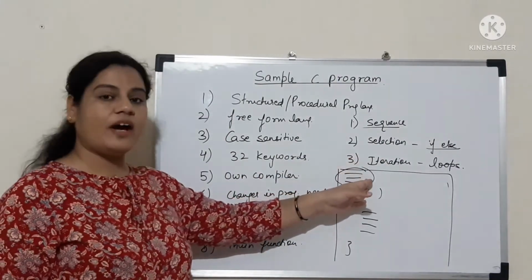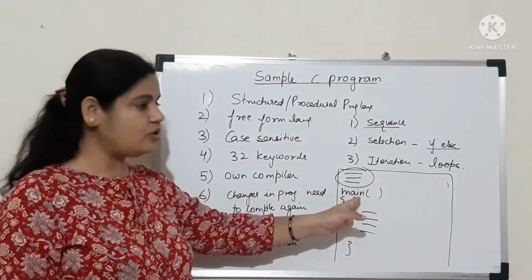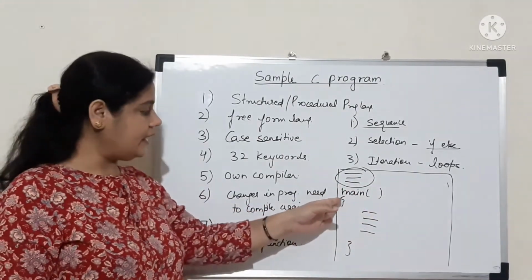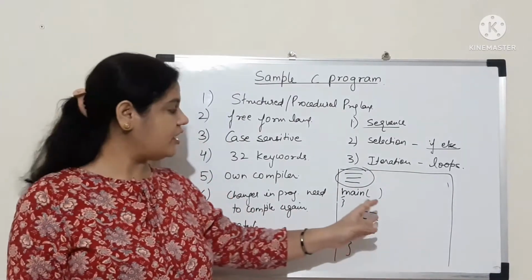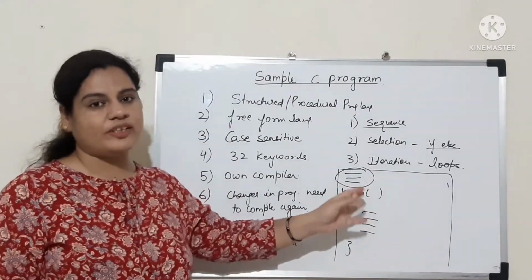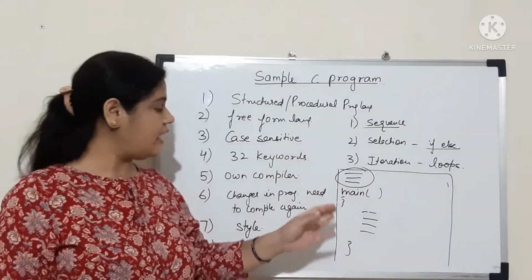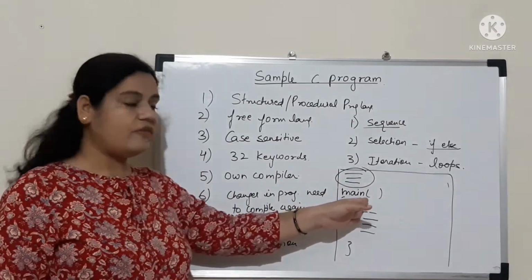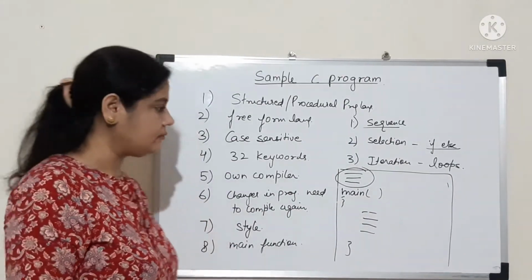First you use all the library files and header files, then you start the main function, and in these curly braces you need to write every statement. Main function is responsible for executing the statements. Every statement will start execution from the main function and end in the main function.